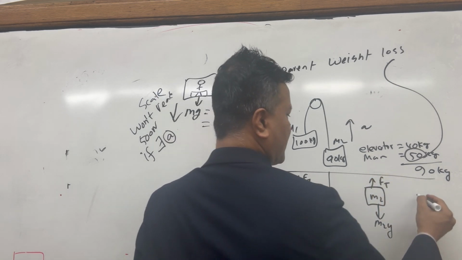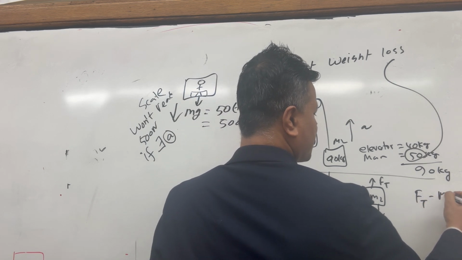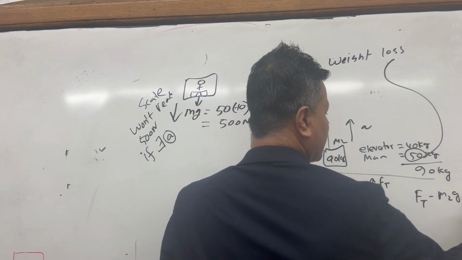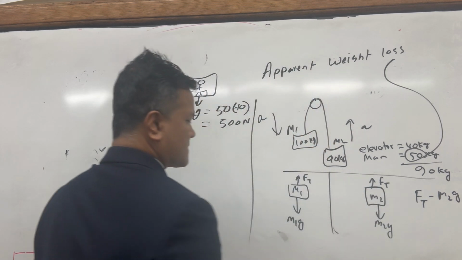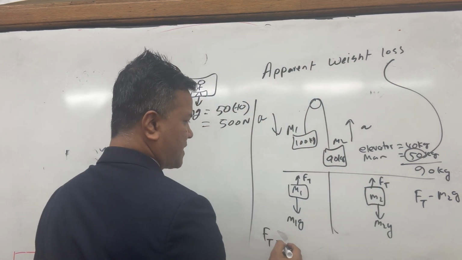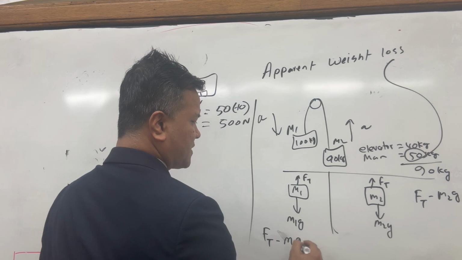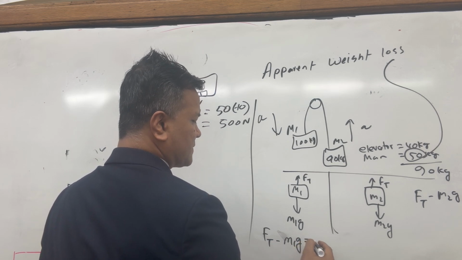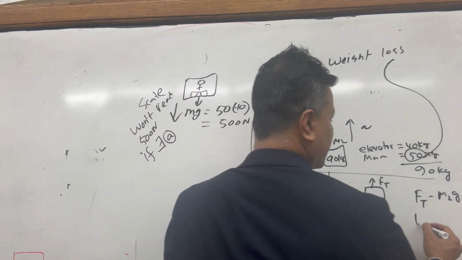Okay, so you have Ft minus m2g is equal to m2a. You have Ft minus m1g is equal to negative m1a.